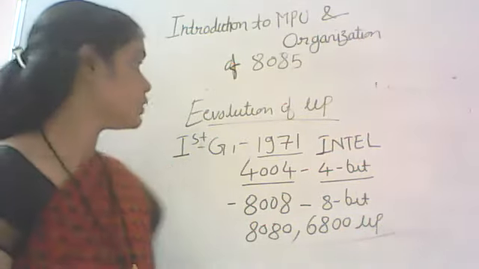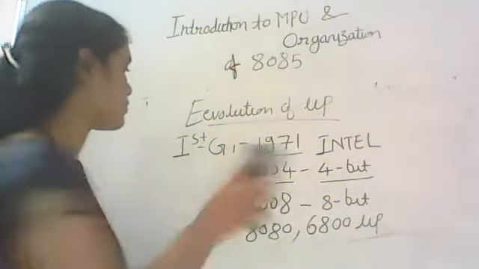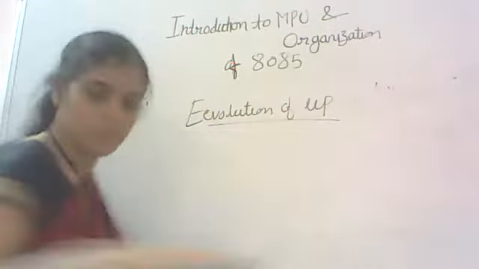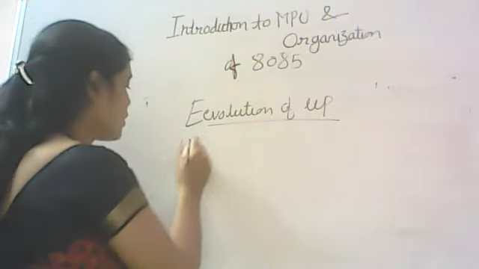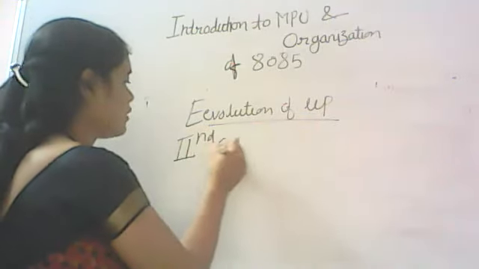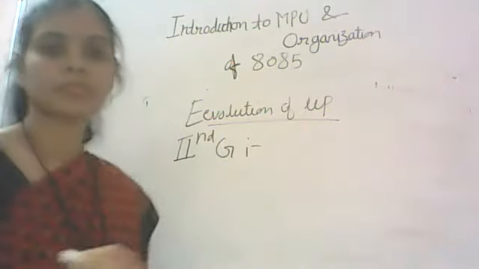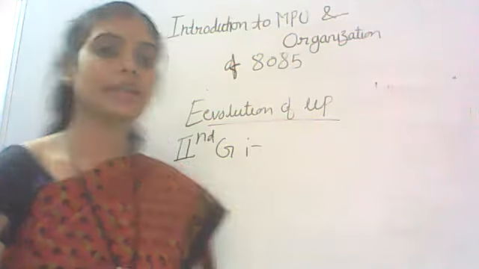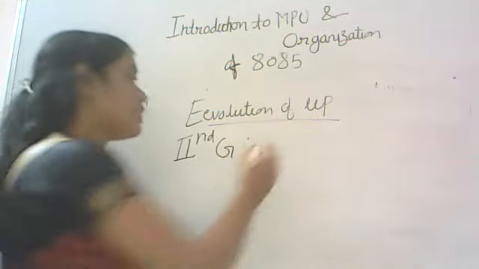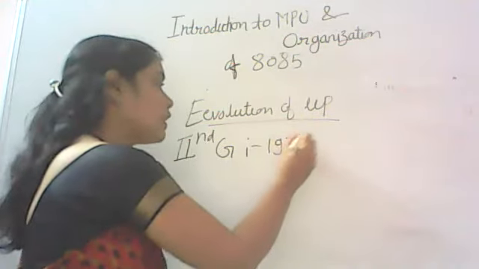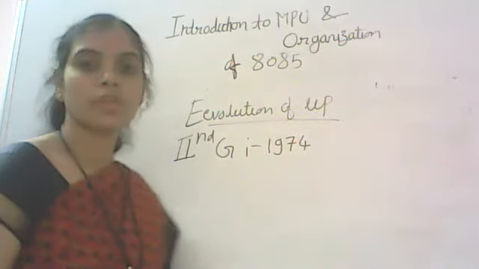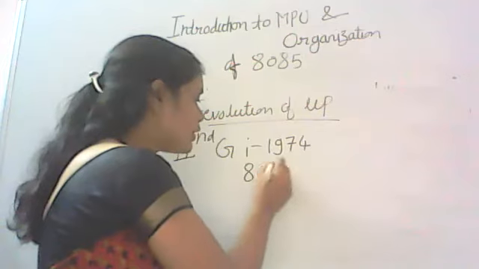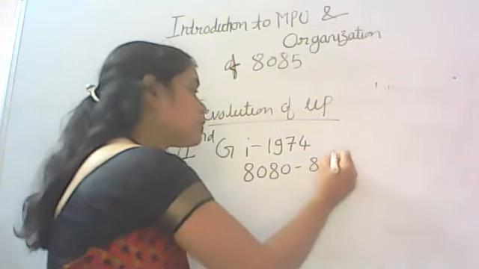Now see the second generation. The second generation started in 1974. In 1974, Intel introduced the 8080 8-bit microprocessor.